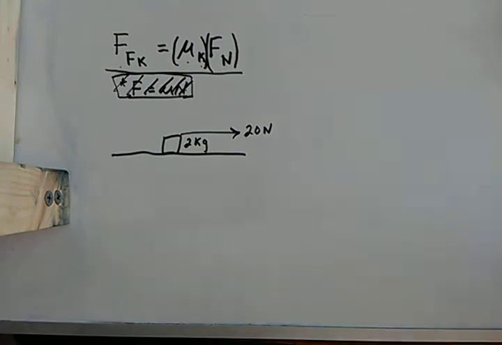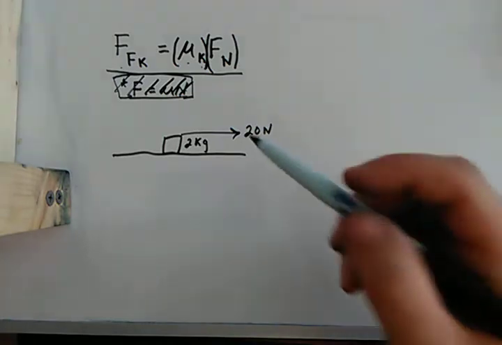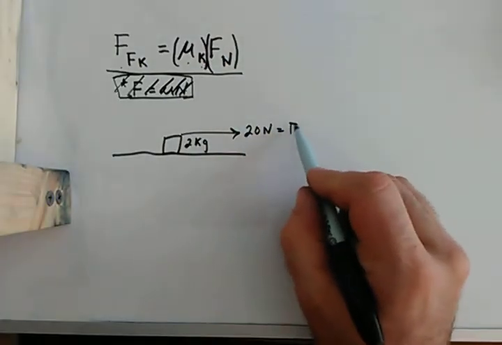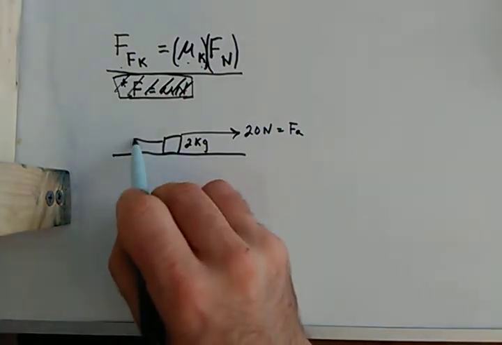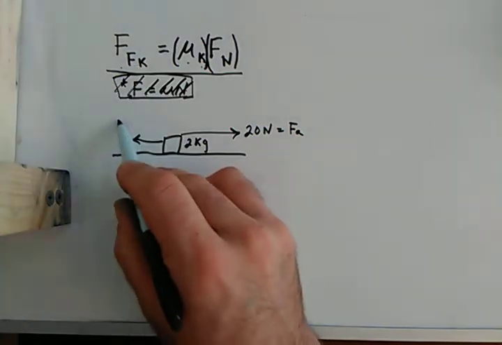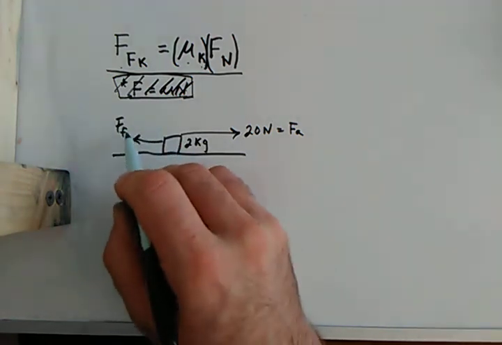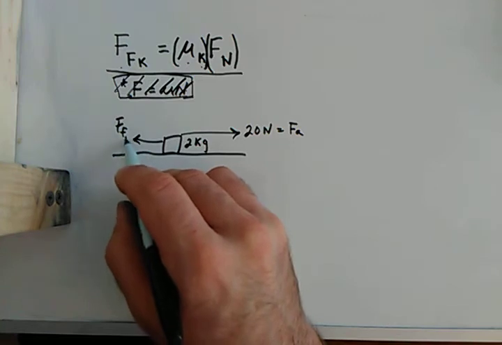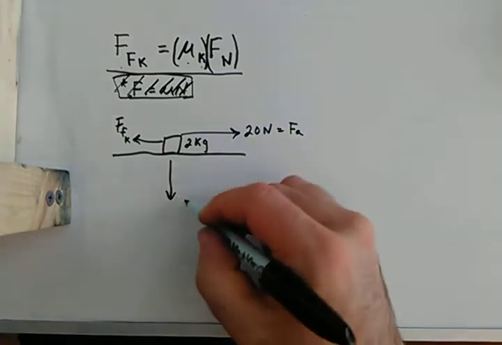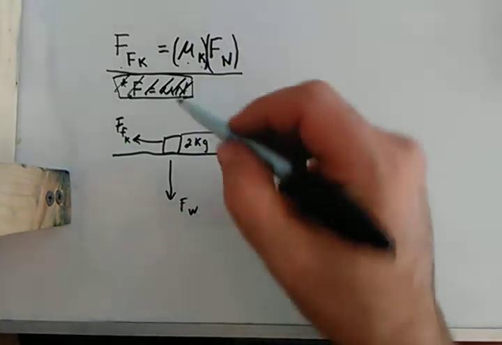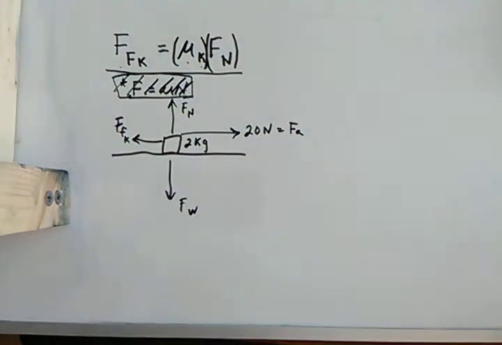Now, here's the deal. You want to start getting into the habit of writing all 4 forces. This is the applied force, Fa. We know that there's going to be a frictional force. And guys, if this is moving, then the frictional force is going to be the kinetic frictional force. We know also that we're going to have a weight. And then we also know we're going to have a normal force.